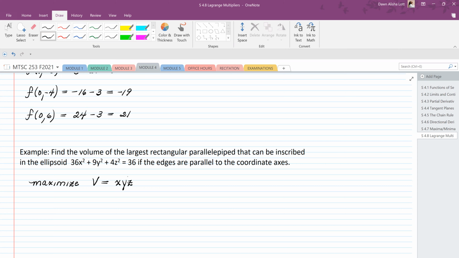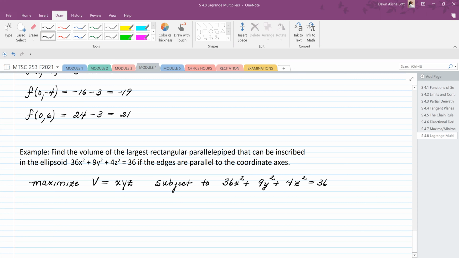And it was subject to 36x squared plus 9y squared plus 4z squared equal to 36.